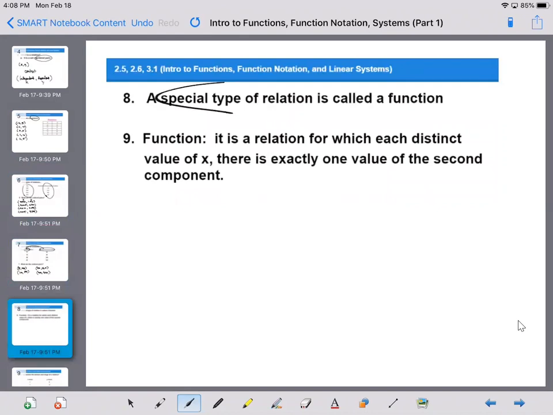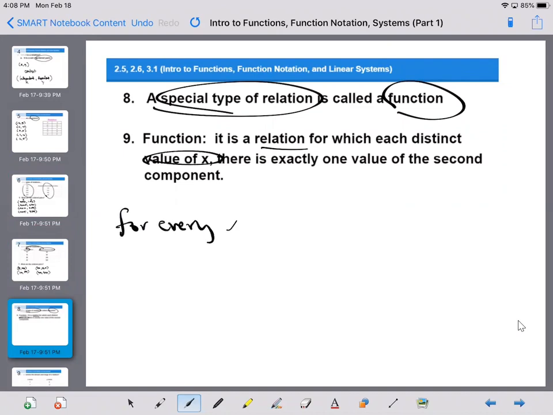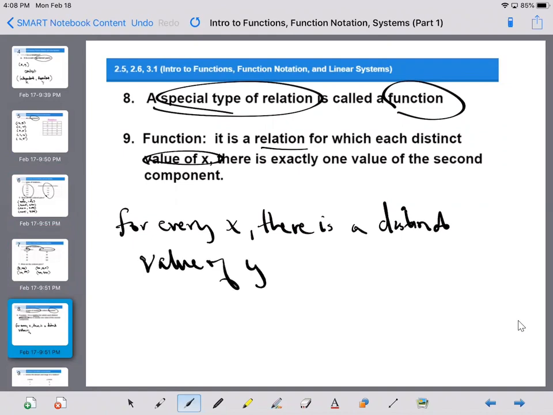Then you've got special types of relations, which would be called a function. A function is a relation in which for every x, there is a distinct value of y.